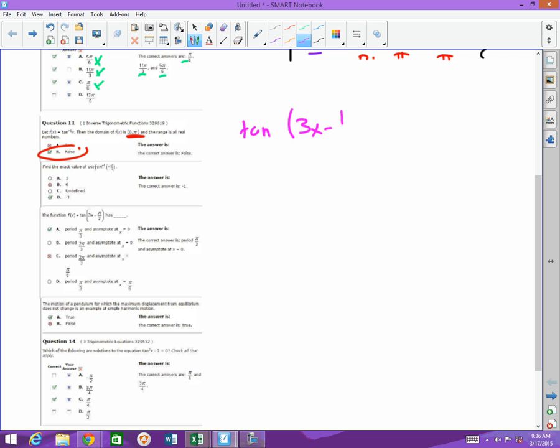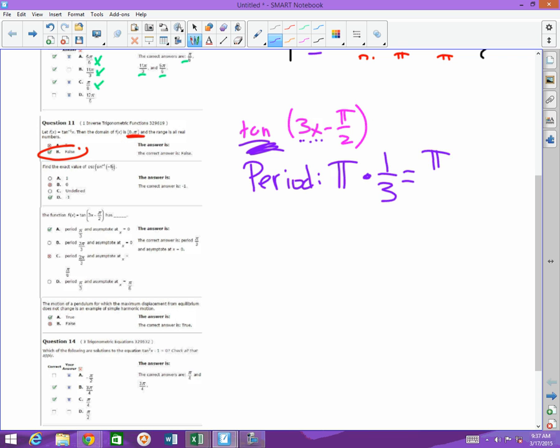So the period is pi. For tangent and cotangent, the period is pi. For sine and cosine and secant and cosecant, the period is 2 pi. But we have something with the x, so we have to multiply by the reciprocal of what's with the x. So it's pi over 3, which could then give you this answer or that one.